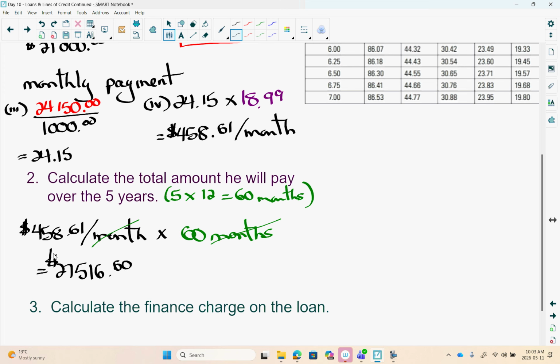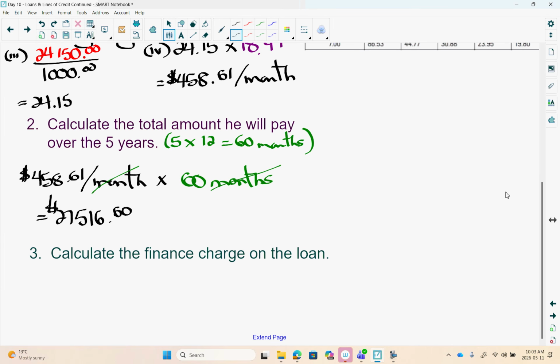So he's borrowing $24,150, and he's going to pay back $27,516.60. What's the finance charge? It's $27,516.60. What do I subtract? How much did he borrow?